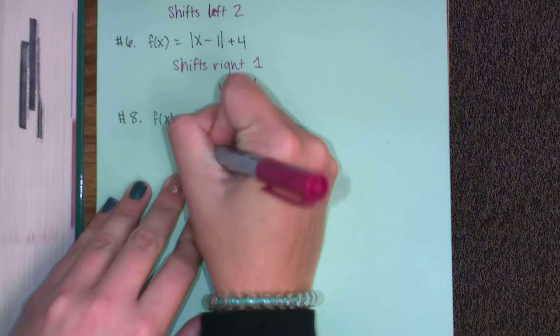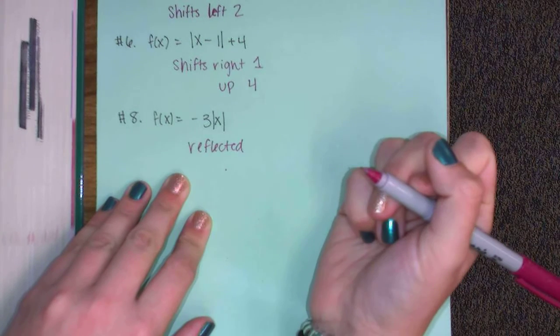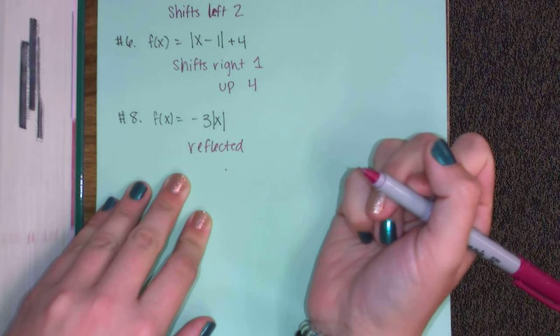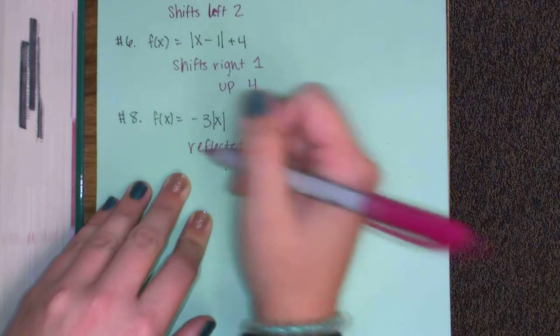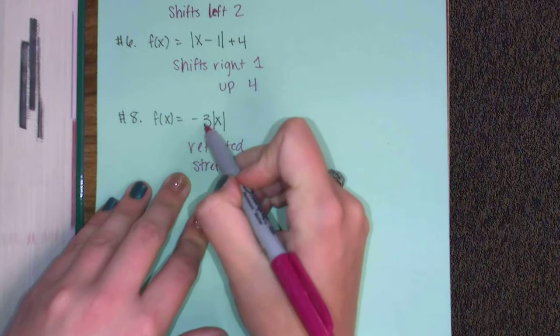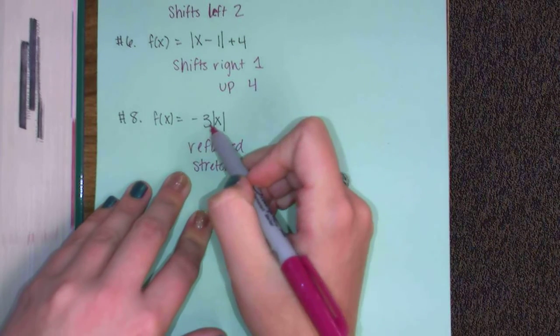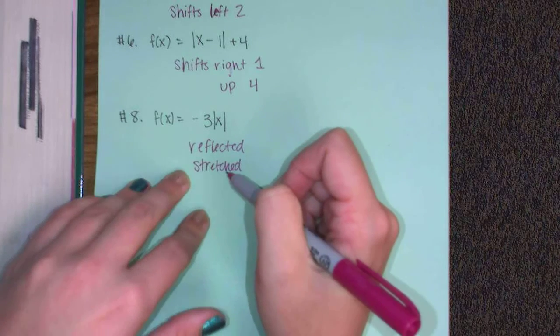Okay, so we say reflected, and what else? It's stretched. Okay, 3 is greater than 1, so it's stretched. So for this one, all you have to tell me is reflected and stretched.